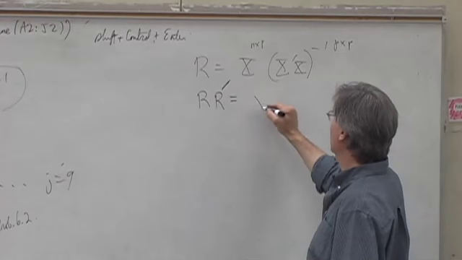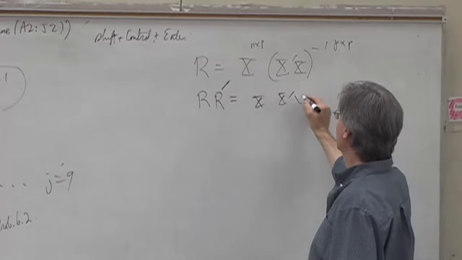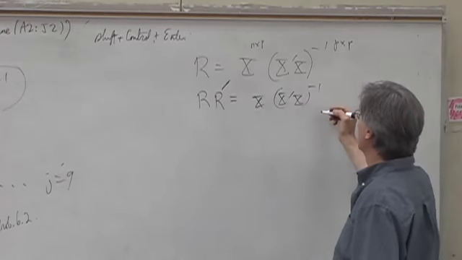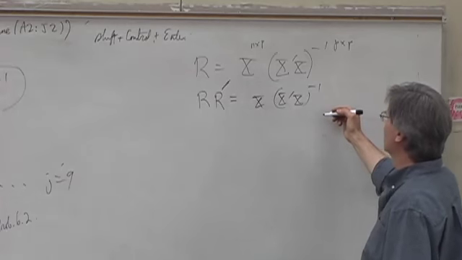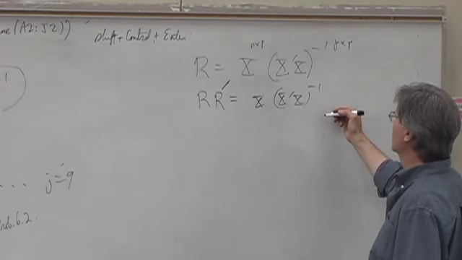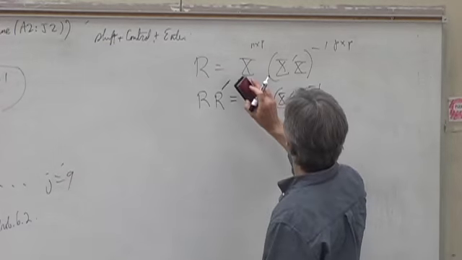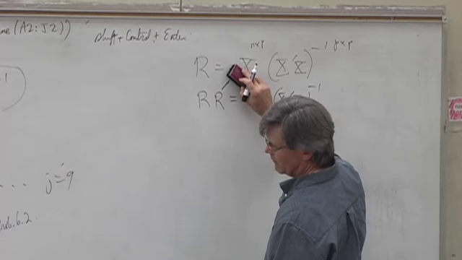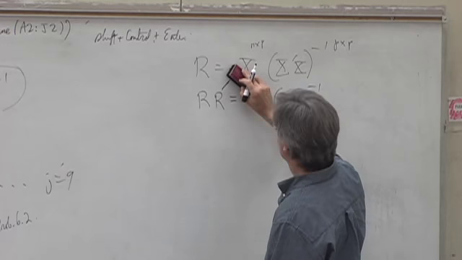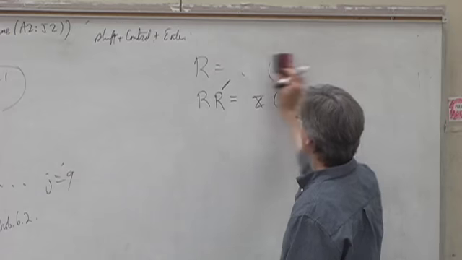It's equal to X prime X inverse, and then you get... is this correct? Looks like it was a mistake. They show R with the X inverse X. The C matrix with the X. Yeah, I don't have this right.